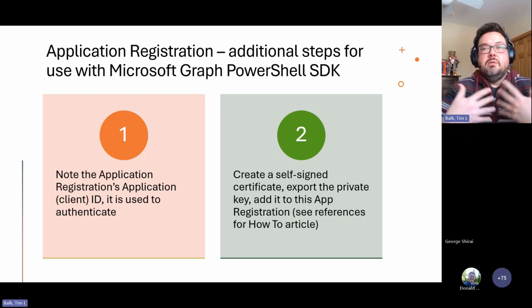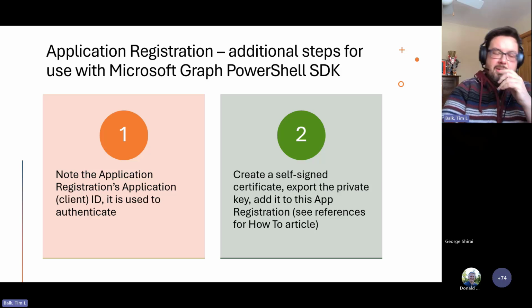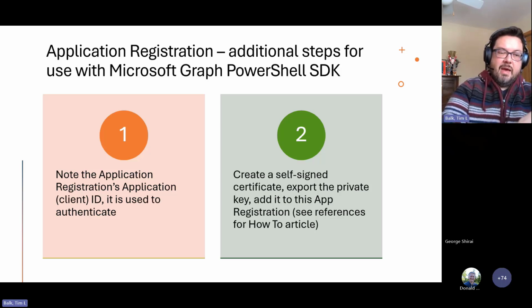All right, so let's talk about the steps for implementing this as far as chat goes. First, sorry, getting ahead of myself. You're going to want to note the client ID of the application registration.